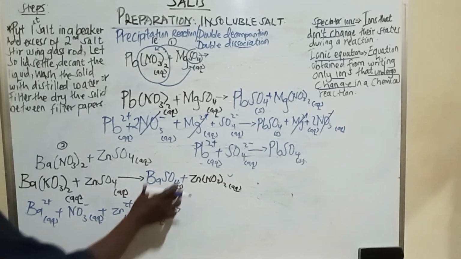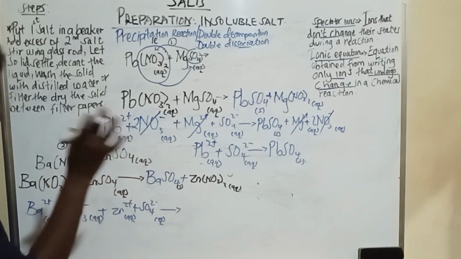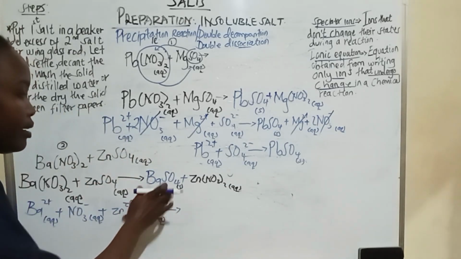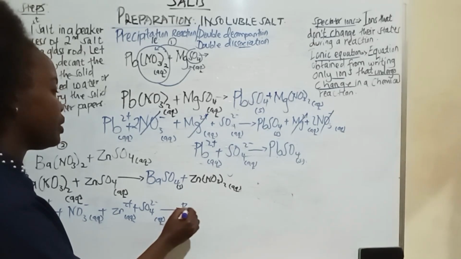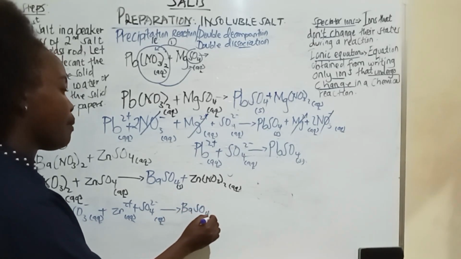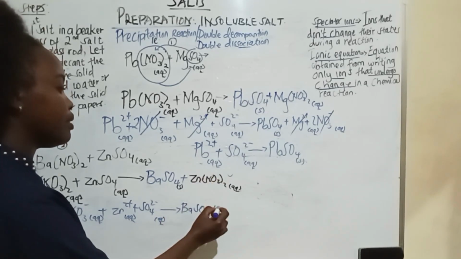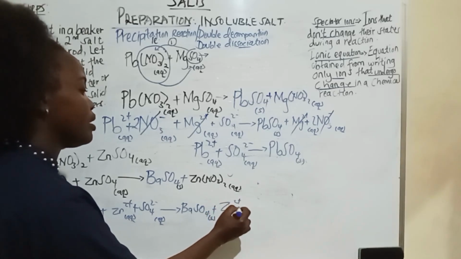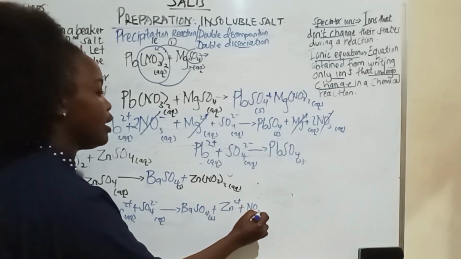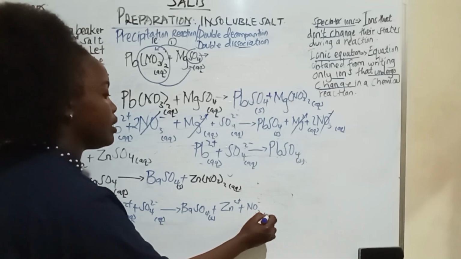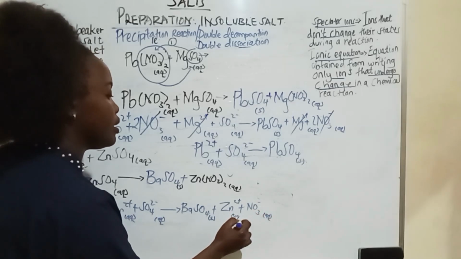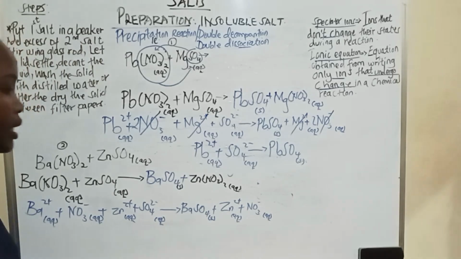Plus what? Yes, this retains the way it is, it stays like that because it is a solid, so we don't break it down. Plus you get your zinc ions there, plus your nitrate ions there. That is aqueous. This is also aqueous.